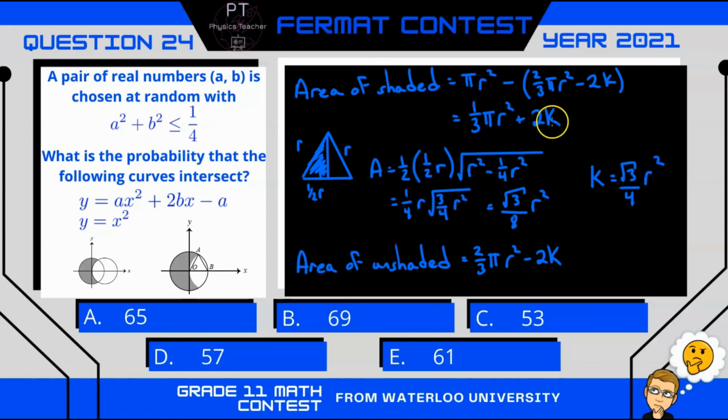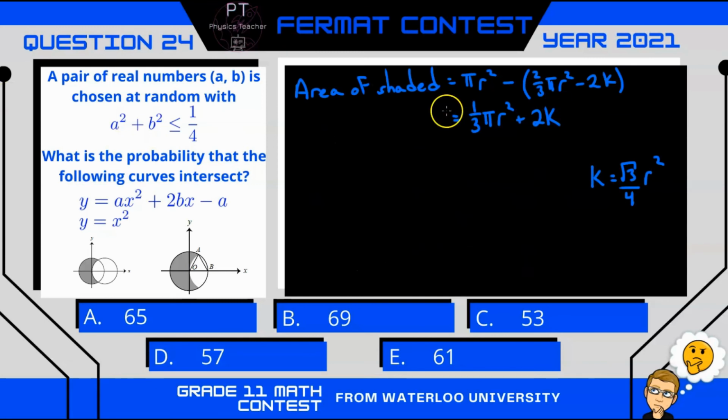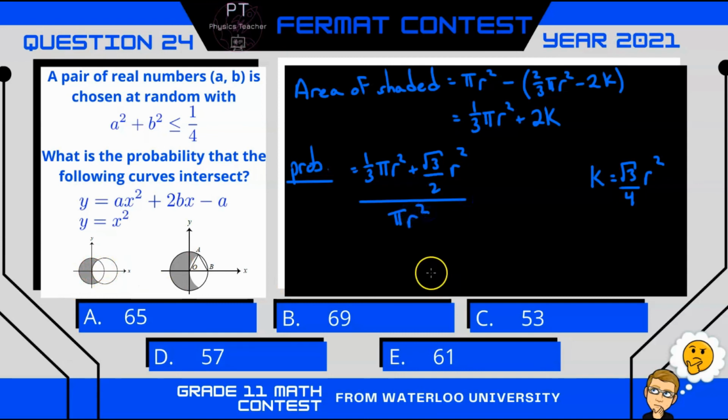So we can substitute that into the area of the shaded, and we get the area of the shaded to be 1/3 pi r squared plus 2 times this, which reduces to root 3 over 2 r squared. So now we can figure out what fraction of the total circle this shaded area is. So our fraction, or our probability, which is what we're trying to look for, is equal to the area of the shaded over the area of that total circle, which is pi r squared.